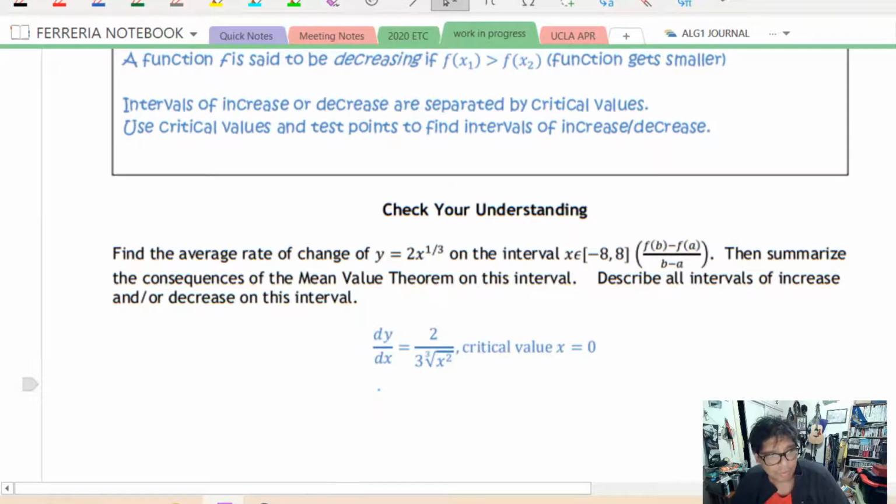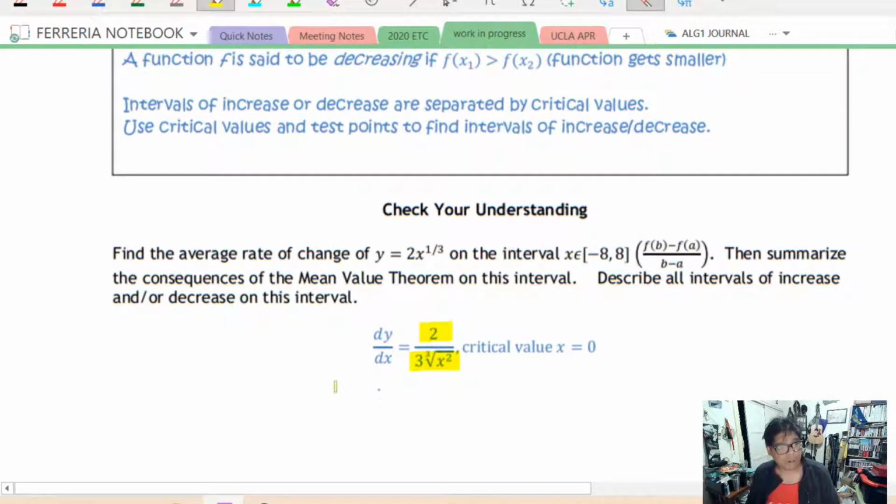So here's our derivative. The derivative of 2x to the 1/3 is 2 on top of 3x squared cubed. When is this equal to 0? Well, the numerator is never equal to 0, and that's kind of how I like to do this, of course. Look at the numerator, set it equal to 0. Doesn't happen. Look at the denominator, set it to 0.